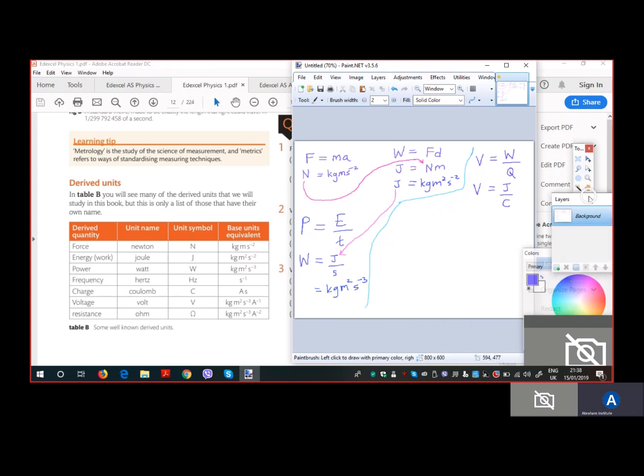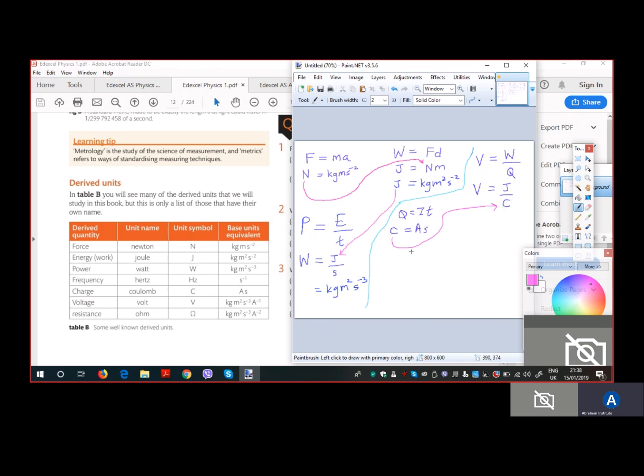And what else do you know? Coulomb. How do we get the base? It's using Q equals IT. So coulomb is equal to ampere second. Then we can use that, and also joule, we can use this.